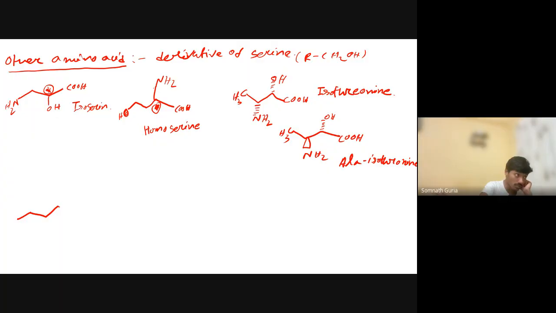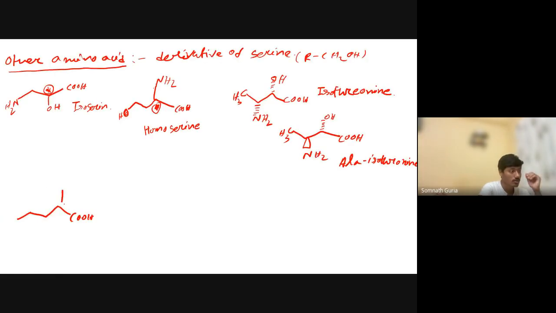Over here this will be the COOH, this one is the OH, followed by the NH2, and this is my alpha carbon, which is chiral in nature.